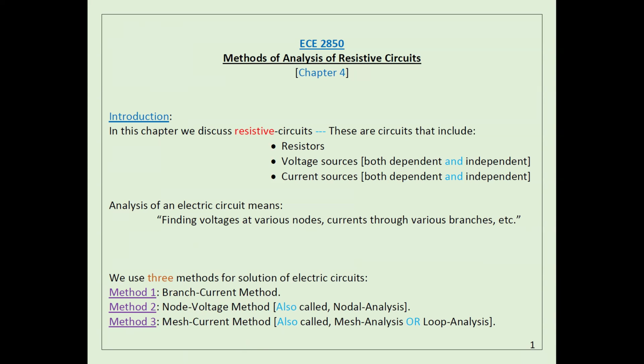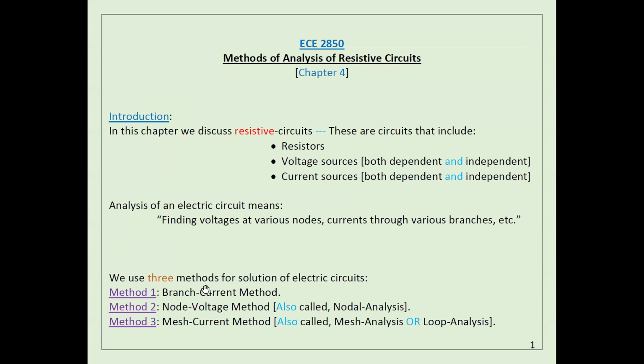Then I'm going to explain two more approaches, which sometimes are more efficient and easier than this one. In some circuits, maybe this one is easier; in some circuits, that one is easier. You got what I'm saying? The 3 approaches are exactly doing the same thing, but in different ways.